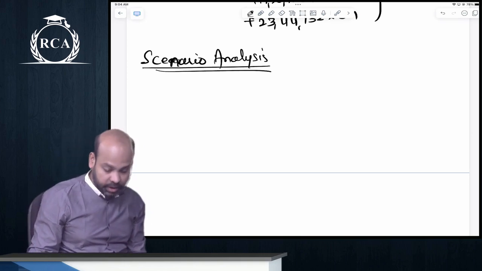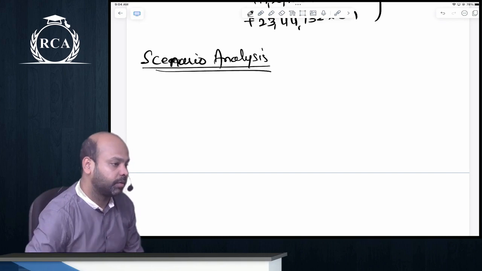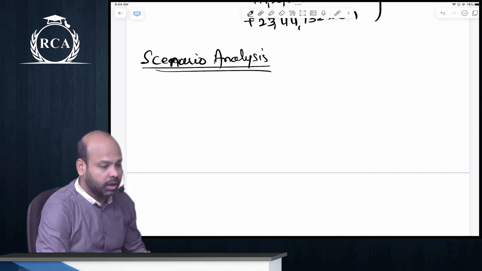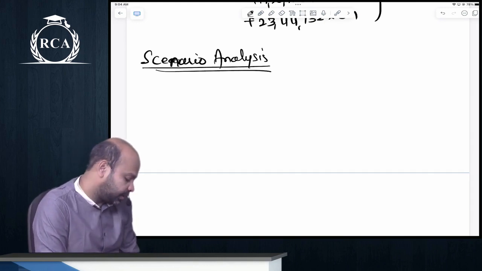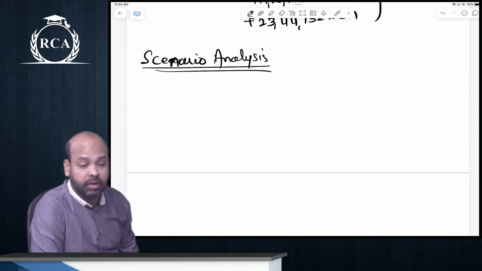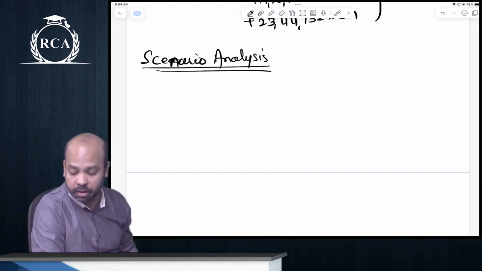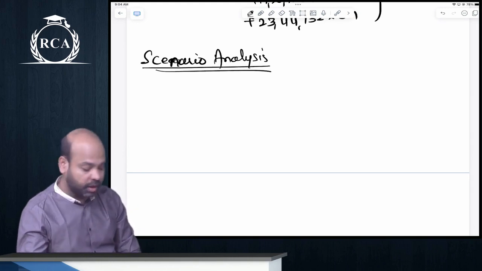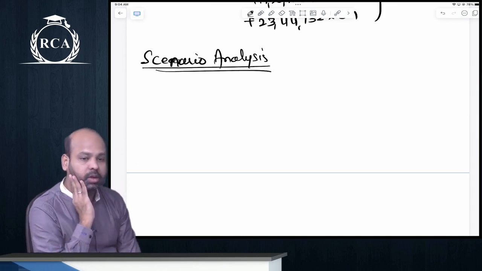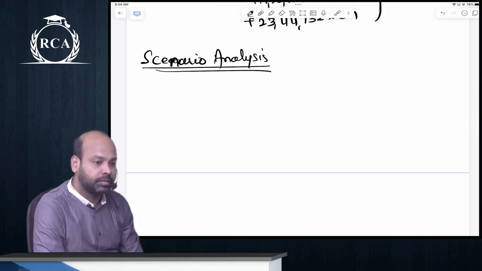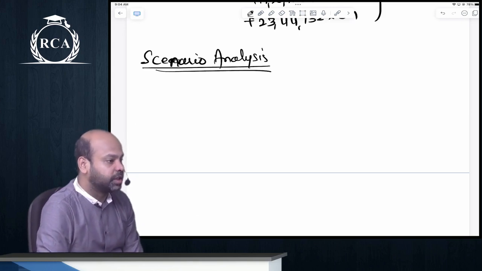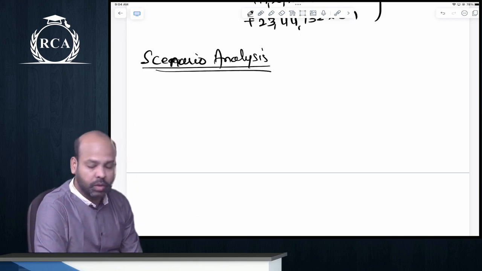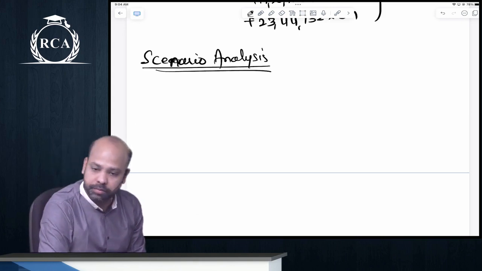For comparison, that is why we said scenario first. Under sensitivity analysis, we consider change in only one variable.